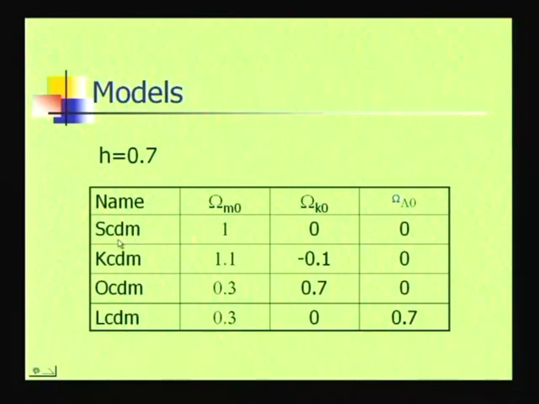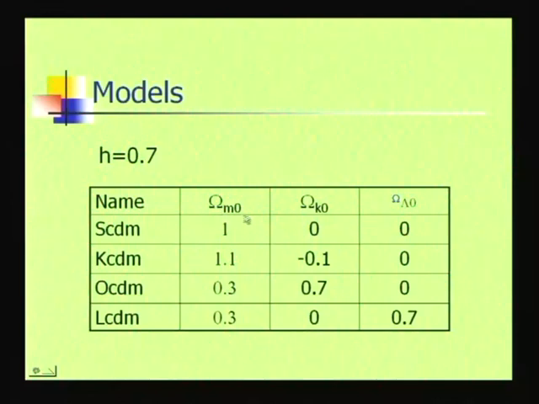In this model, all these models have h equal to 0.7. This parameterizes the Hubble parameter. In this model, there is only matter, dark matter, which is cold. Okay. So, let us forget about this cold business for the time being. There is the usual pressureless matter, which has omega matter naught equal to 1. So, in our model there are 3 possibilities. I should first mention this.